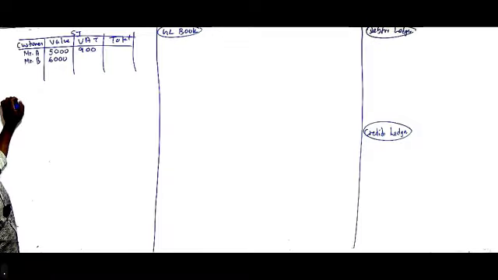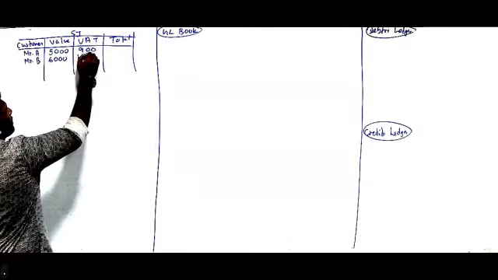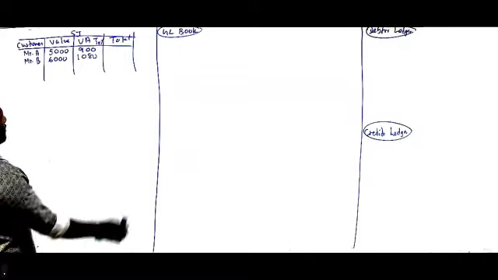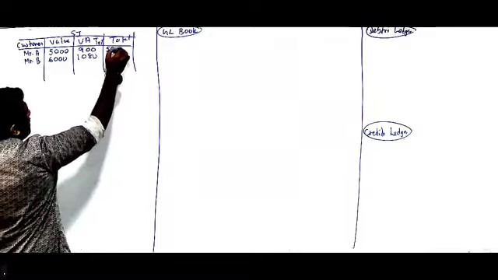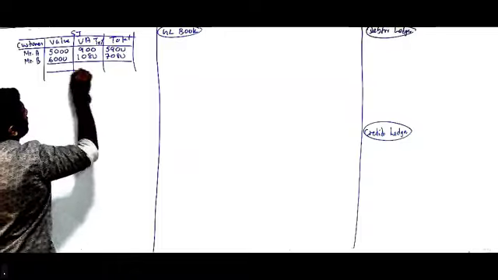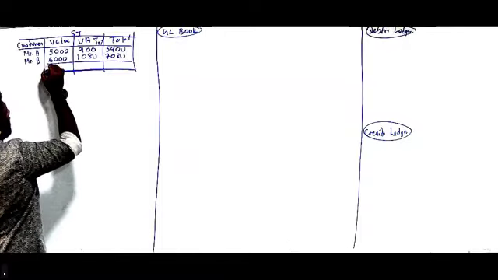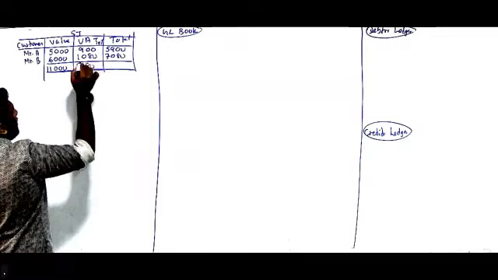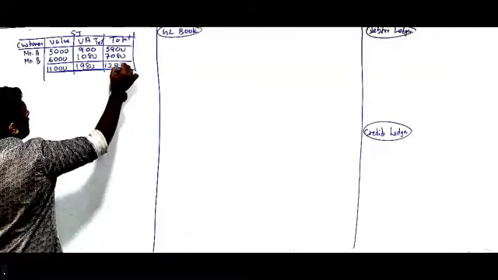But you all are thinking so much. So here 5,900. Here 7,080. Get the totals. Here 11,000. 1,980. 12,980.